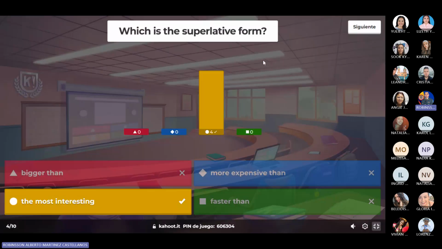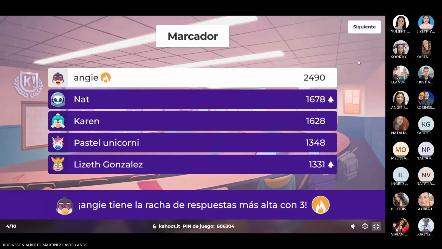Very good. The most interesting. That's right. The other three phrases are comparative. Okay, very good, everyone. Let's continue.